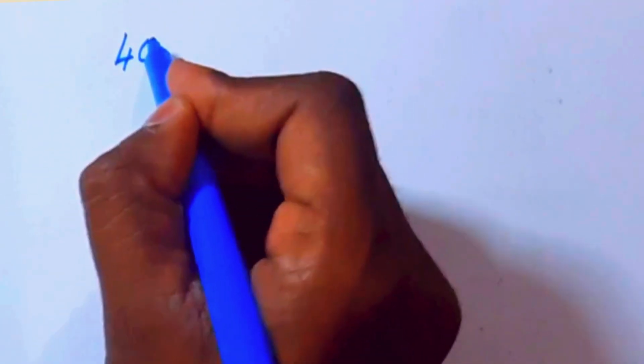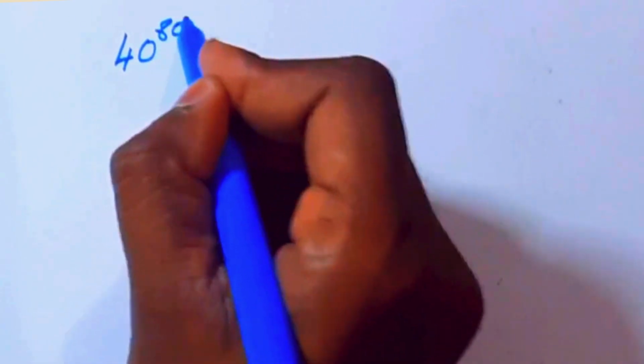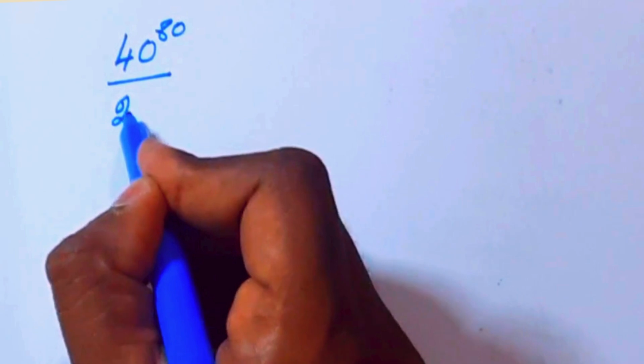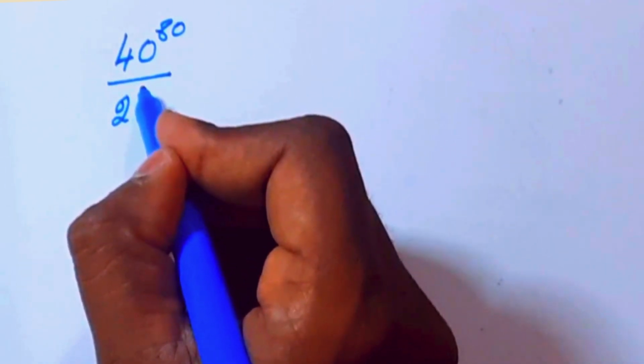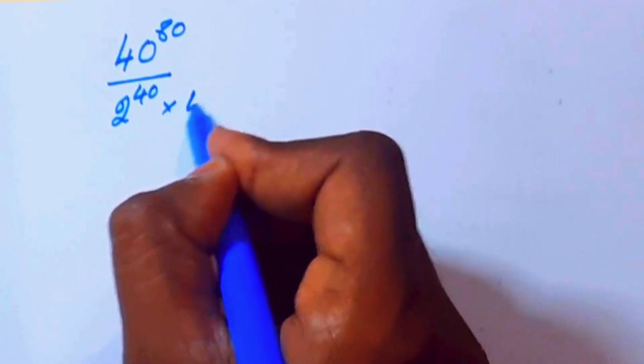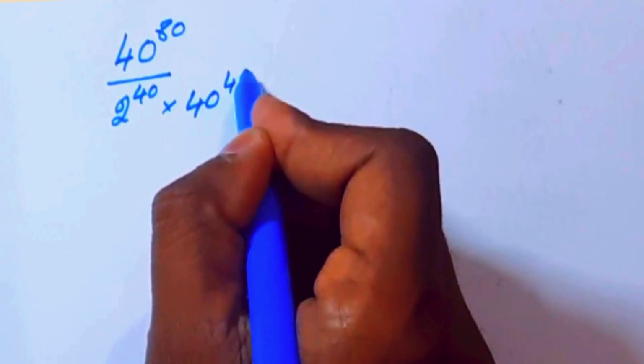40^80 by this (2 times 40) can be split as 2^40 times 40^40.